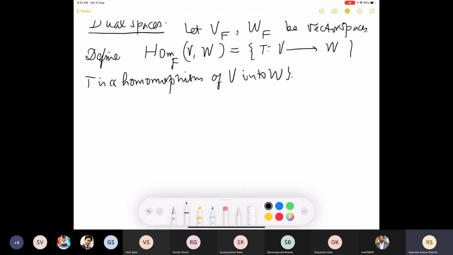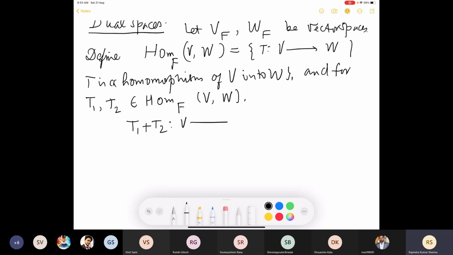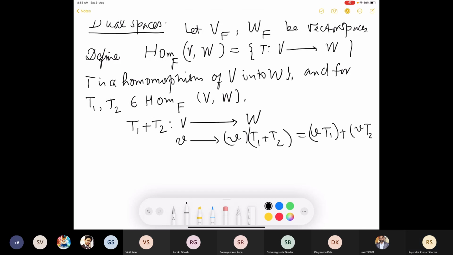So for any T1, T2 in Hom(V, W), define the map T1 plus T2 from V to W, that takes v to v under T1 plus T2, defined by vT1 plus vT2.